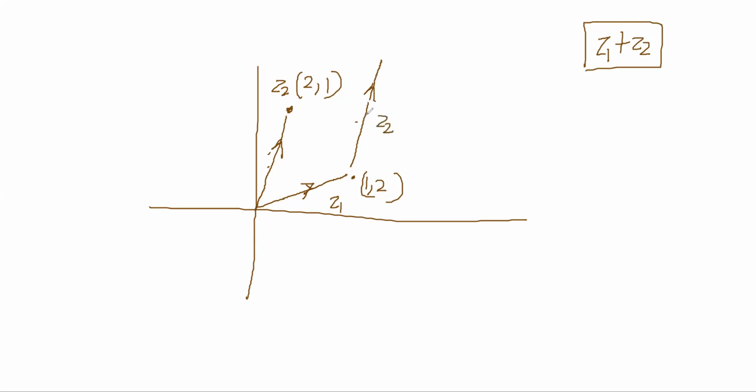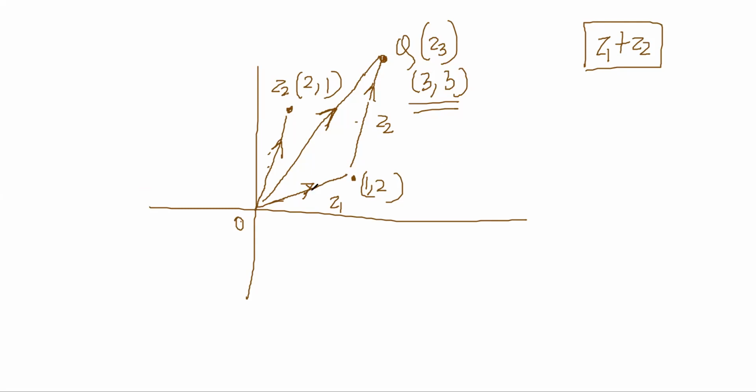And now you can imagine yourself going from origin to z1 and from this point to z2. So it is like going two steps, so the resultant should be this vector. You could have gone to the same point directly instead of going like this and then like this. So this is the triangle law of addition. You will come to a point z3 by vector addition, and z3 will definitely be (3, 3).